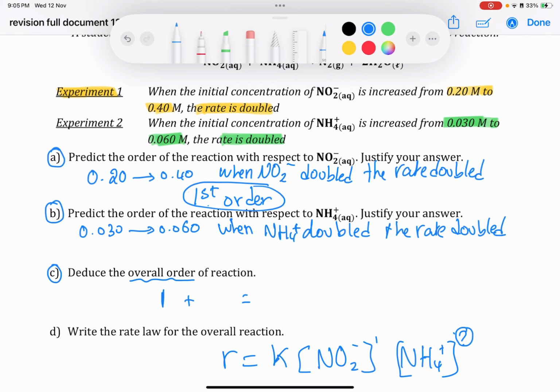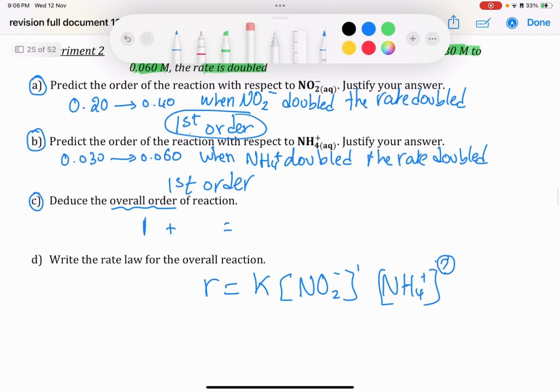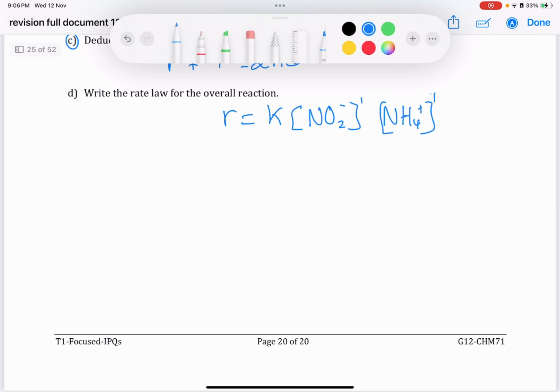So it means that NH4+ is also first order. So the overall order is 1 plus 1. It is second order. And that's it. All the best in your exam.